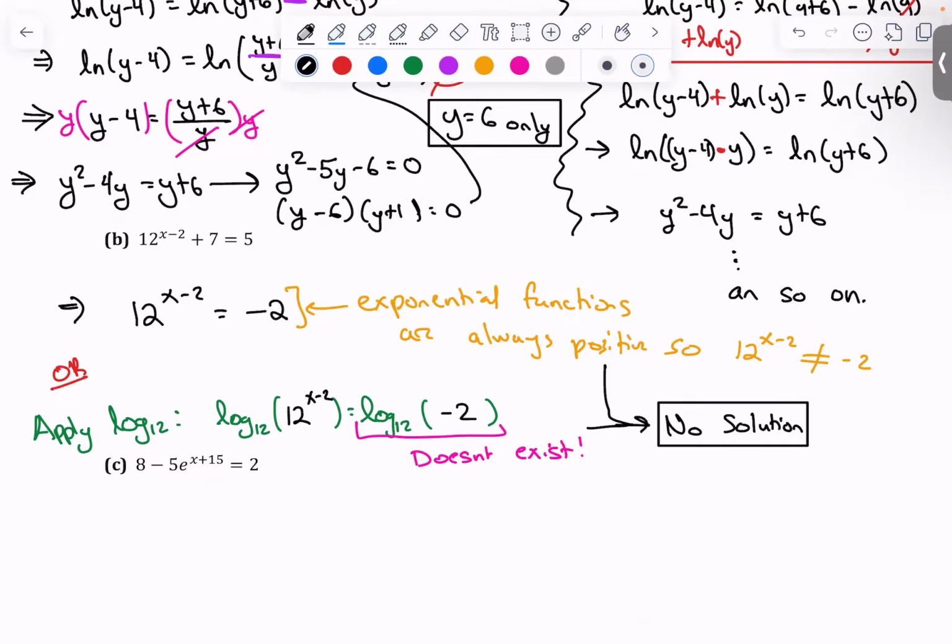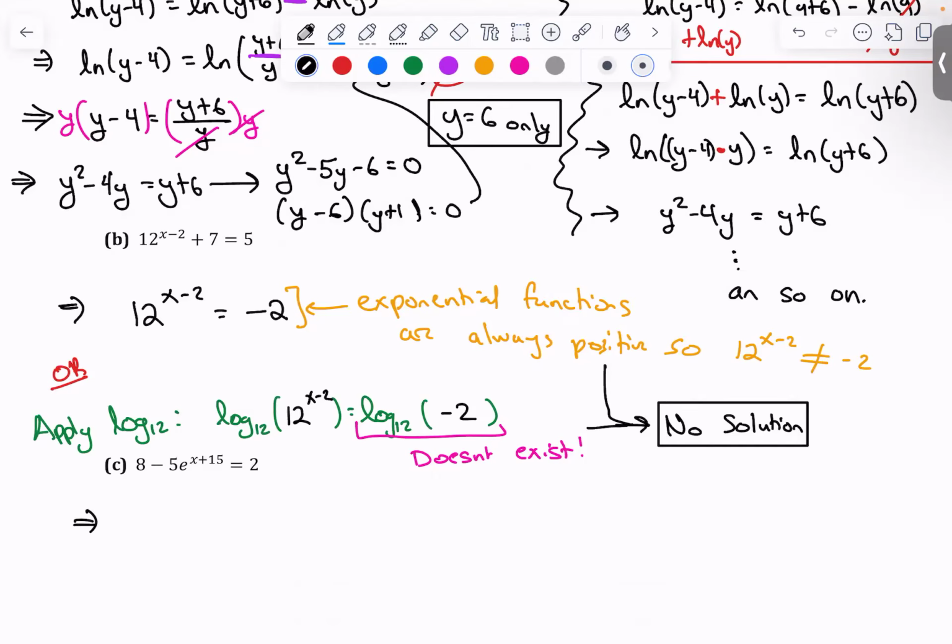8 minus 5e to the x plus 15 equals 2. How should I solve it? I need to get the variable by itself. It's an exponential equation, so I should subtract 8 first.